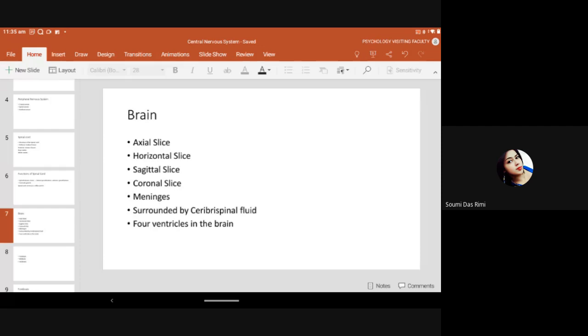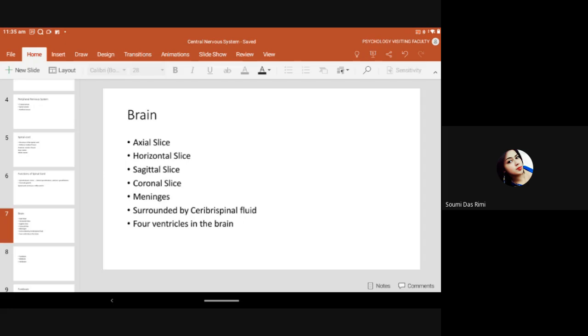The pons, the medulla oblongata, and the cerebellum are also known as the brain stem. So the cerebral hemispheres are situated on this brain stem.